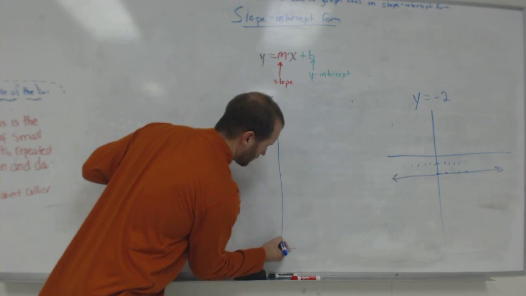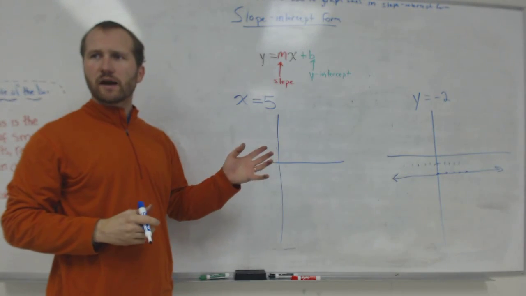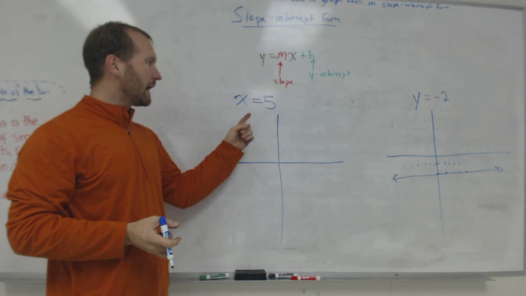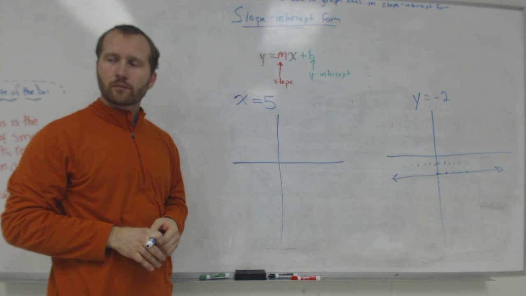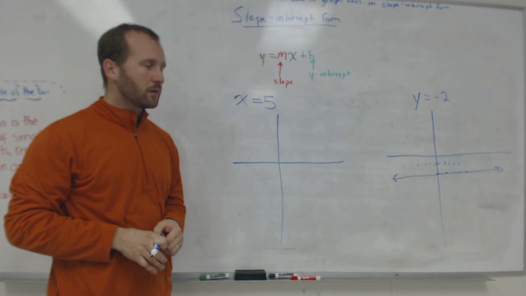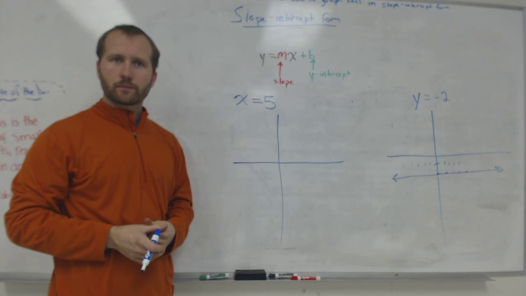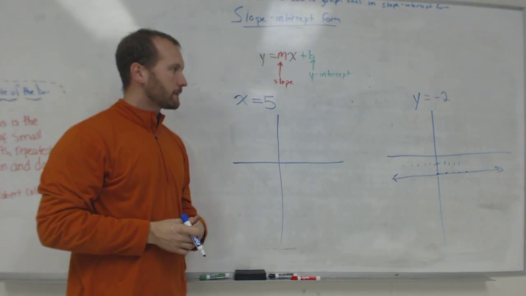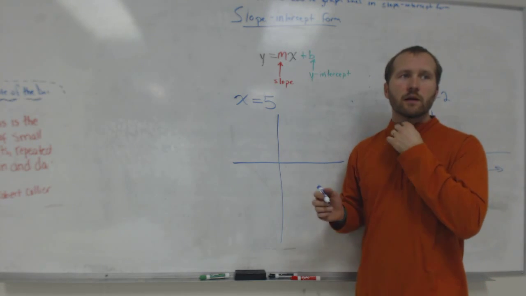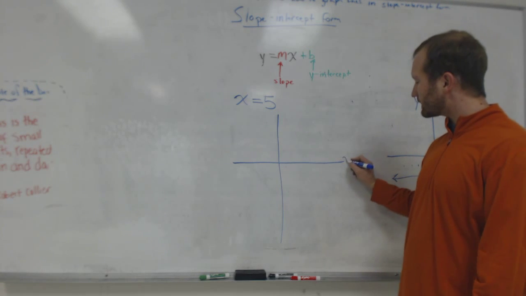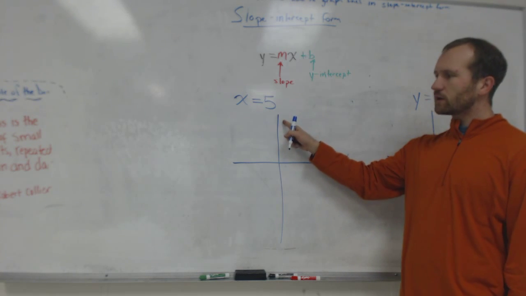But think about what y equals negative 2 or y equals 5 look like, and give me a guess about what x equals 5 might look like. Where would I start with x equals 5, do you think? Go up 5. If I went up 5, that would be like y equals 5, right? This is called the x-axis, right? And what's this axis called?